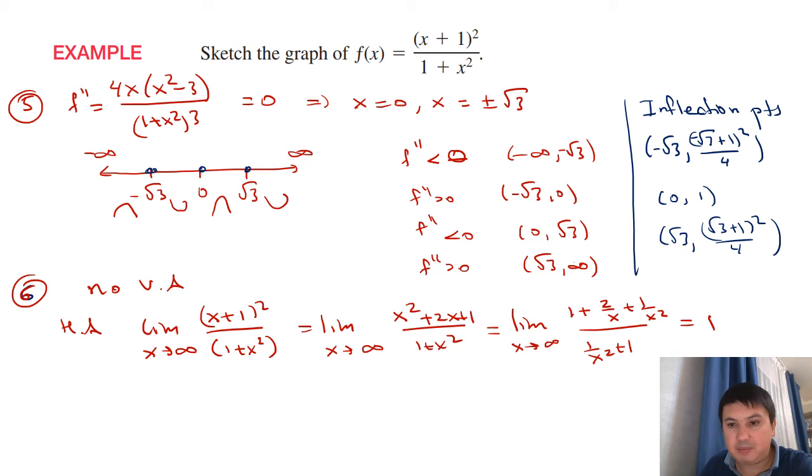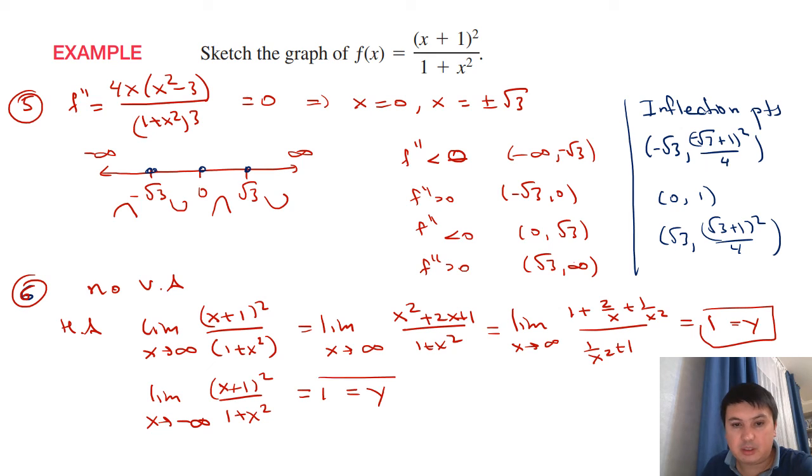So that's the horizontal asymptote. And you can also look at what happens at negative infinity. Again, it goes to 1. So when x goes to negative infinity, we again approach the horizontal asymptote.